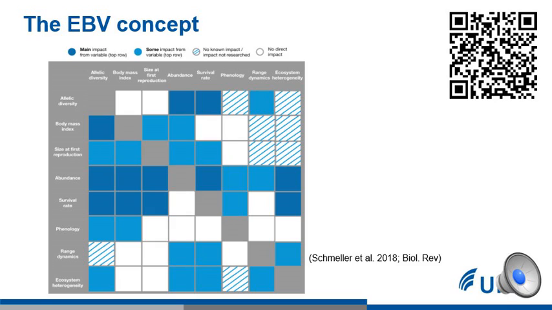The abundance would be related to allelic diversity, body mass index, and size at first reproduction. So all of these would be different EBVs, but they would be to some extent interlinked, giving you complementary ideas about biodiversity.